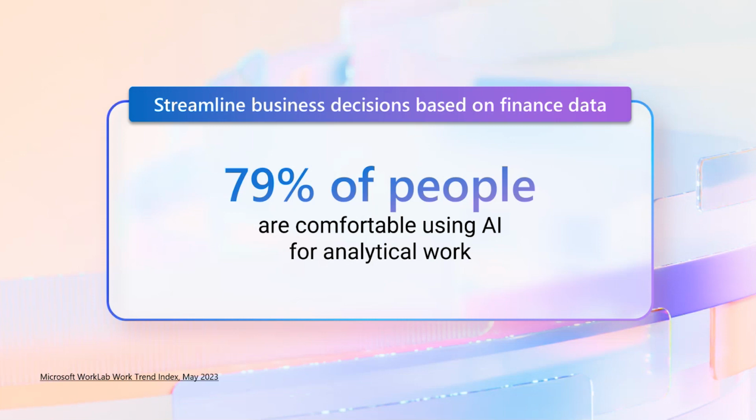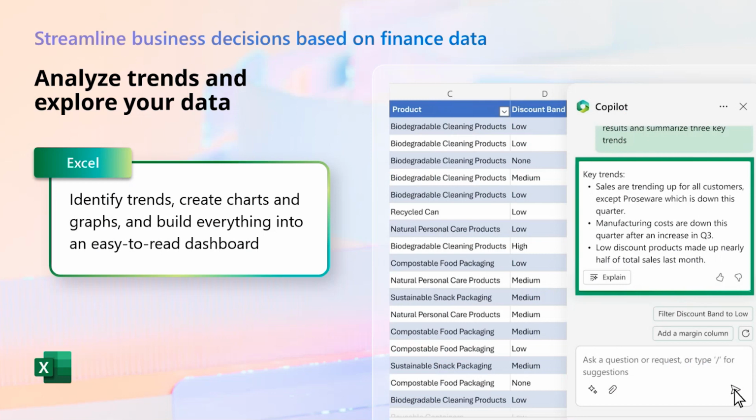So with Copilot, they can streamline business decisions based on finance data. For example, preparing data for analysis can slow your finance managers, analysts, and specialists down, but they can spend so much time organizing spreadsheets that running the numbers feels more like crawling.